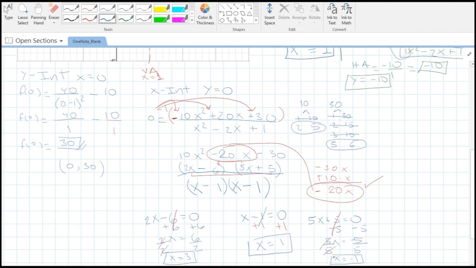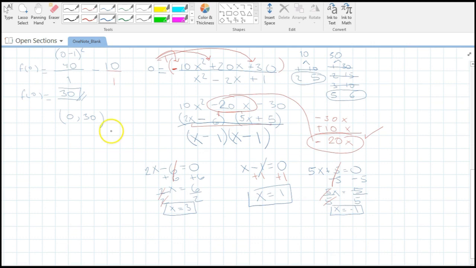So my x-intercepts, I have three x-intercepts. The x-intercept given as a point is going to be (3, 0). Remember, this is your x and this is your y. x equals 1, so that means it's going to be (1, 0). Remember that we set y equal to 0, so every y is going to be 0.